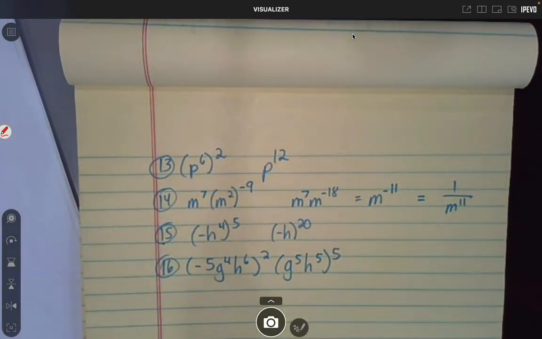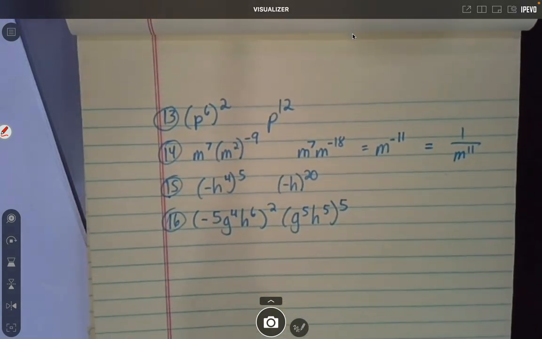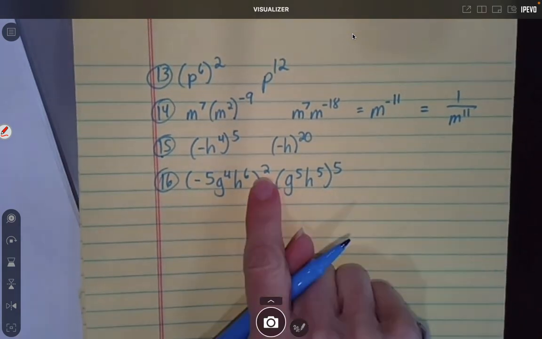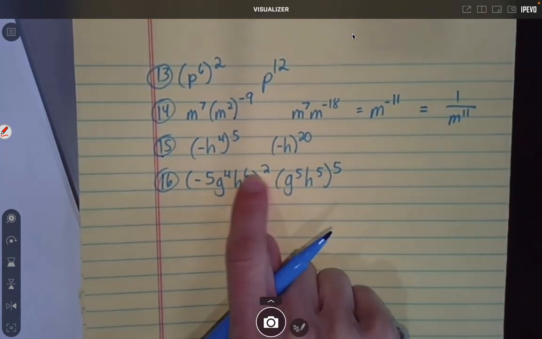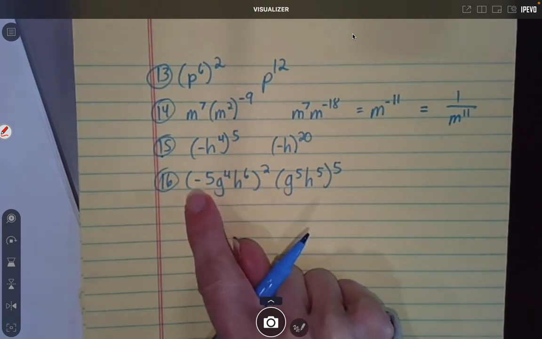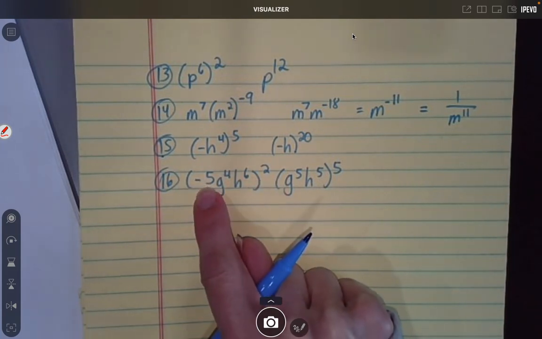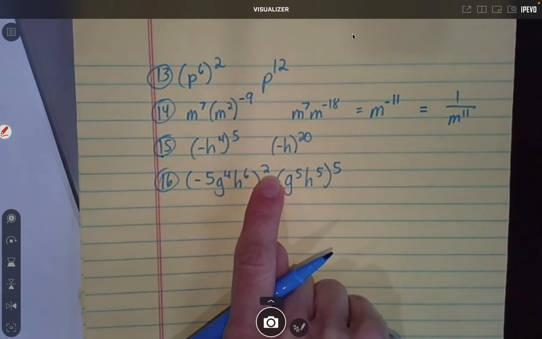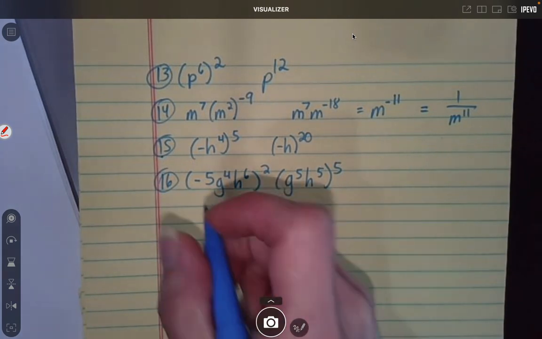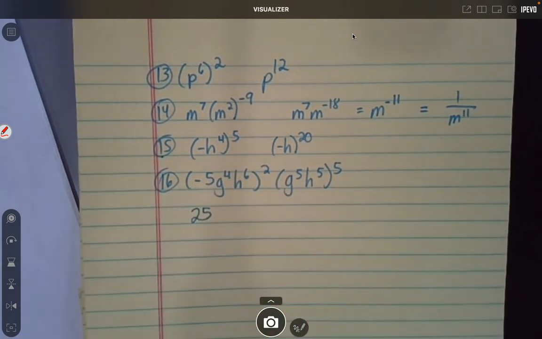All right, everybody ready for number 16? Okay, what do you do with this exponent out here? Multiply. It's kind of like distributing it. So we've got negative 5 squared. Does anybody know what negative 5 squared is? What's negative 5 times negative 5? Positive 25. Be careful, that's positive.